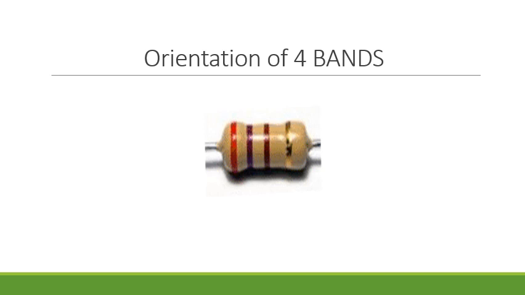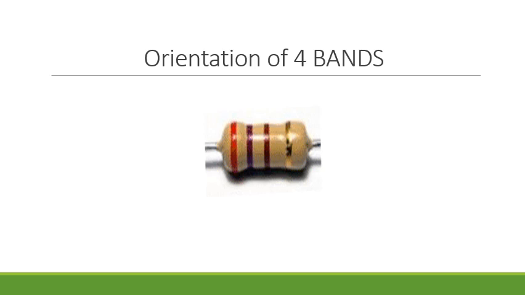Okay, so now if you want to read the value of your resistor, how do you place the resistor? Where do you start from? You might want to ask, where do you start from? Okay, you can see it here. This is an example of a 4-band resistor. Now look at the first color, red, and look at the last color, gold.